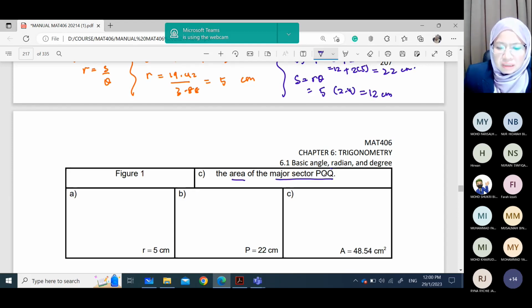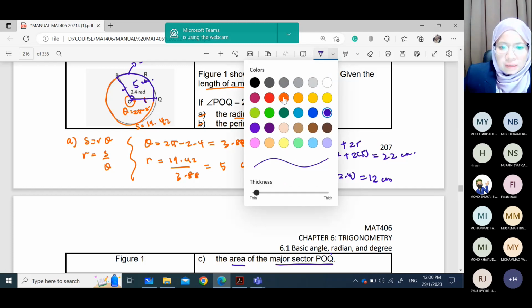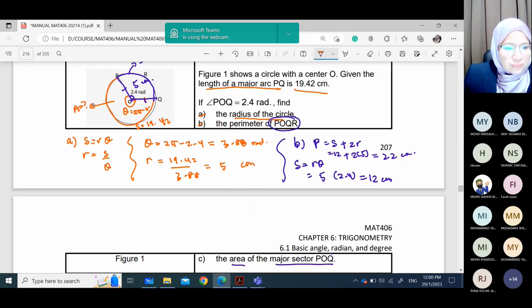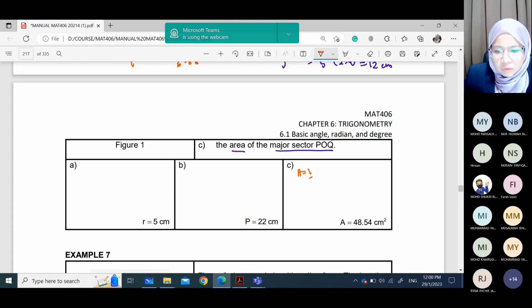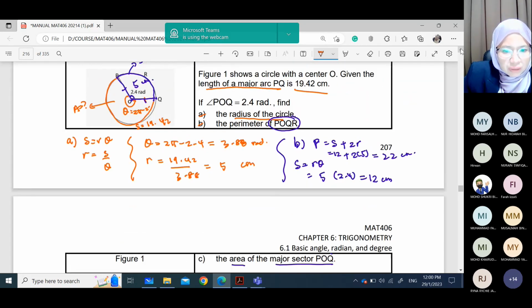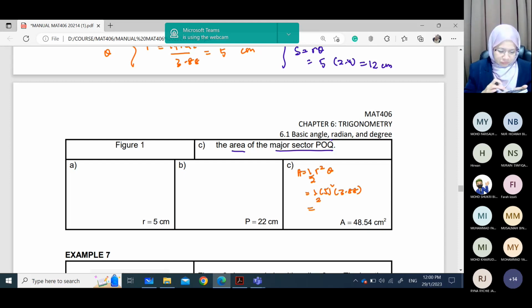They ask us to find the area of the major sector POQ, so we need to find the area of the orange color. Area is one half R squared theta. So one half times 5 squared. Theta for the major sector, which we got earlier, is 3.88. Just substitute, times 3.88, and we will get the answer, in cm squared.